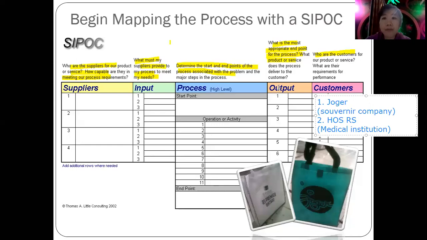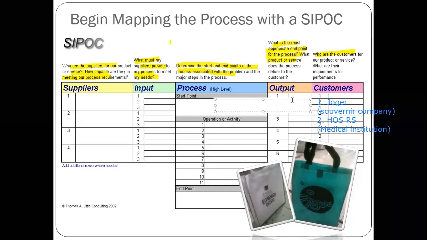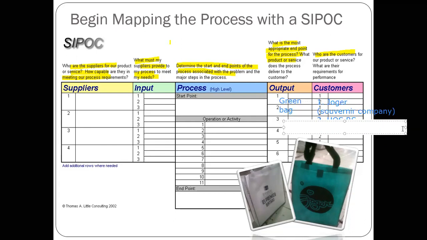The output can be filled in by the type of the bag. So this is the green bag for Joker, and another one is the white bag for the hospital.